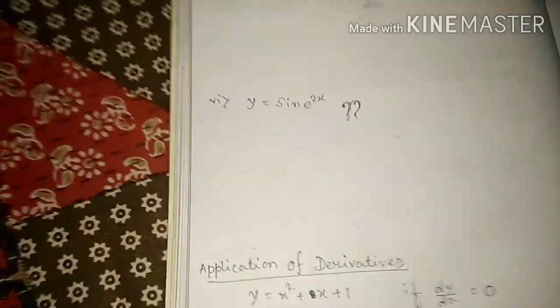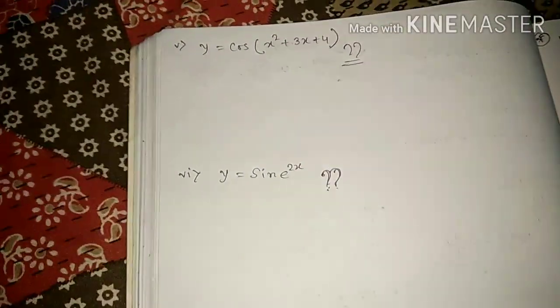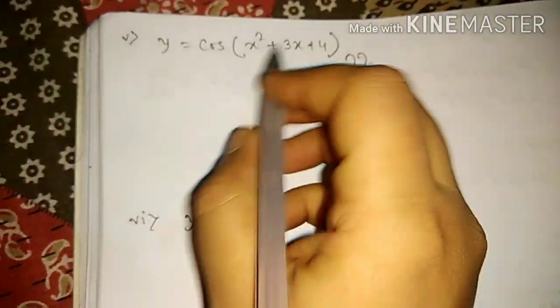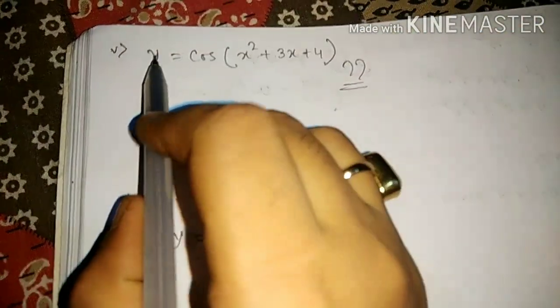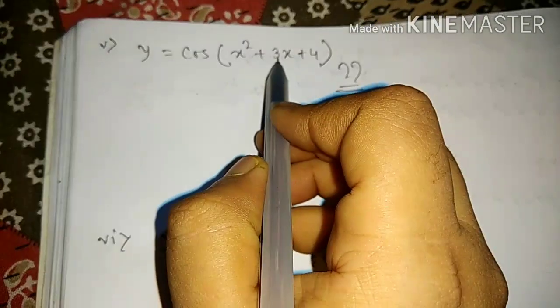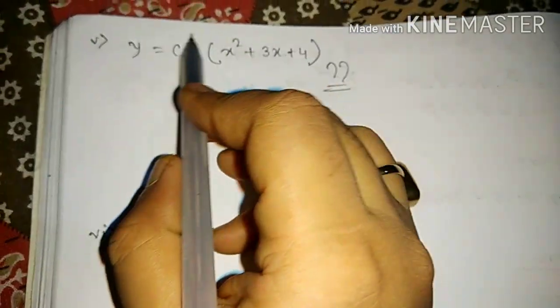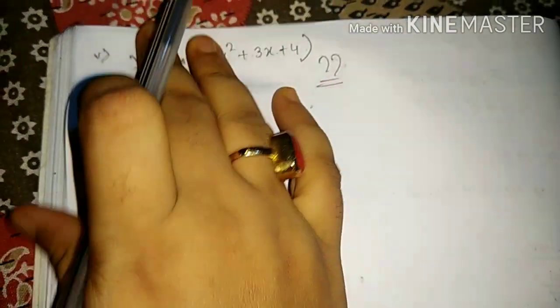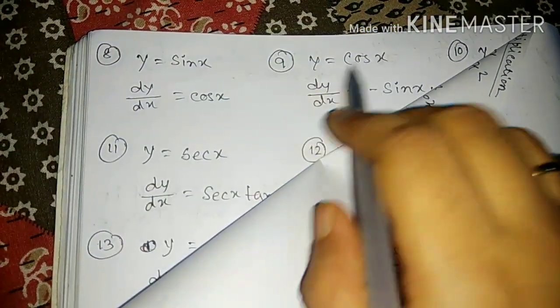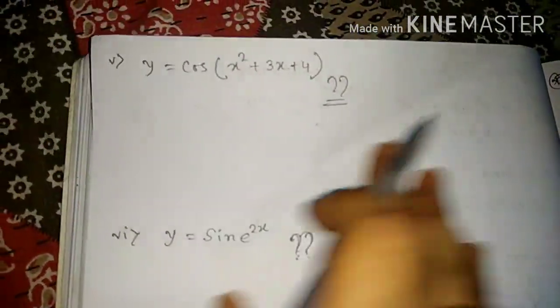Now another one, two more are there. Okay, I will solve this one, then you understand. y equals cos of x square plus 3x plus 4. First we understand this is cos x. What is the formula? For y equals cos x, dy by dx equals minus sin x.